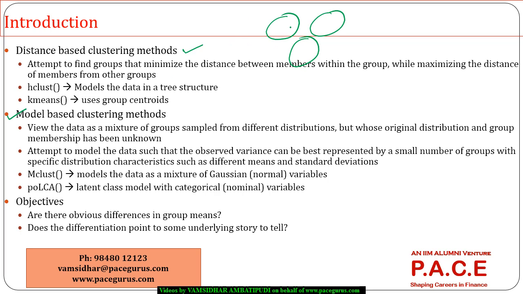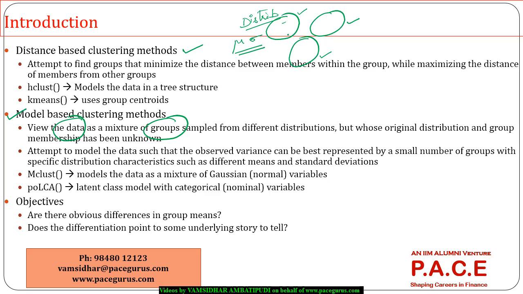What these algorithms assume is that the total data that I have is understood as different groups, and each group comes from a different distribution altogether. So the distribution of this group is different, the distribution of this group is different. When I say distribution, the mean and the standard deviation of each of the groups is going to be different.